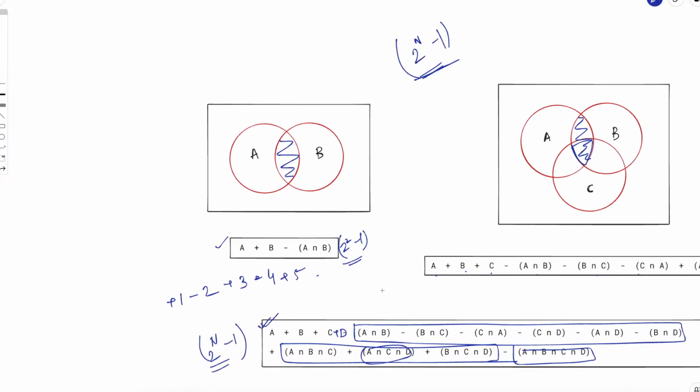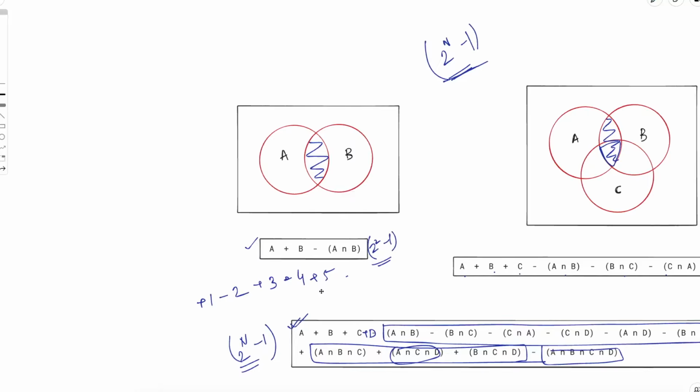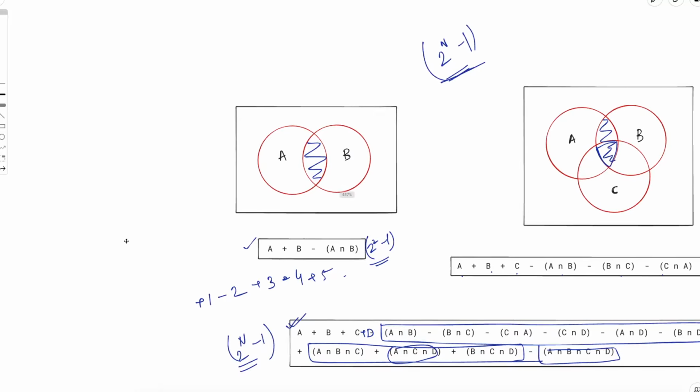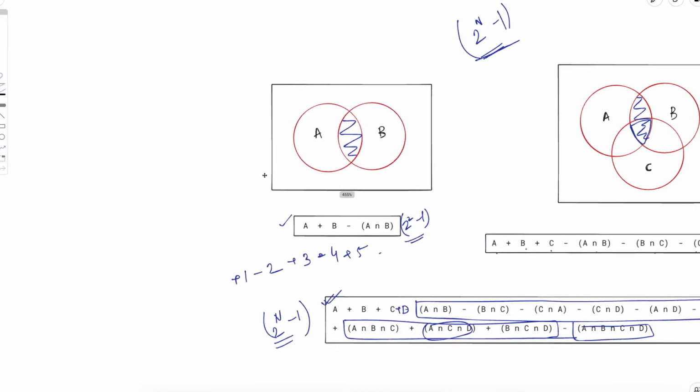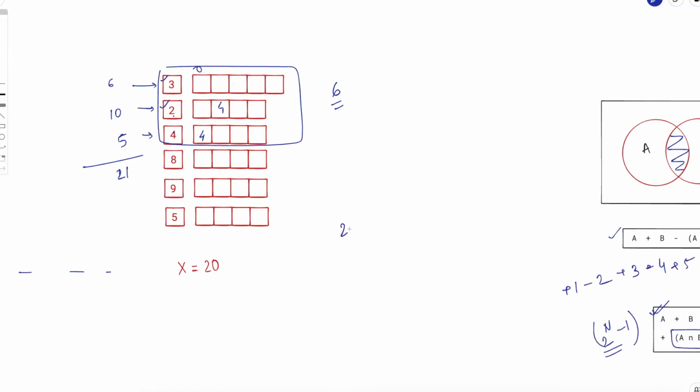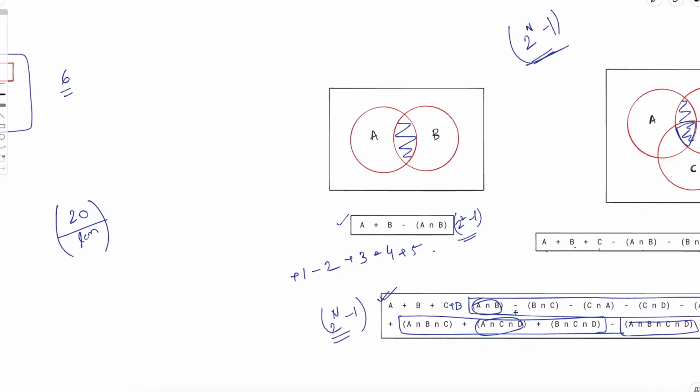So what you will do, again, we want something that should occur in both A and B. That is a multiple of both 3 and 2, which in turn means that is a multiple of 6, right? So basically whatever intersections you want, you can simply take the LCM across all of them and simply do 20 by that LCM, and that will give you the total count of that particular expression.